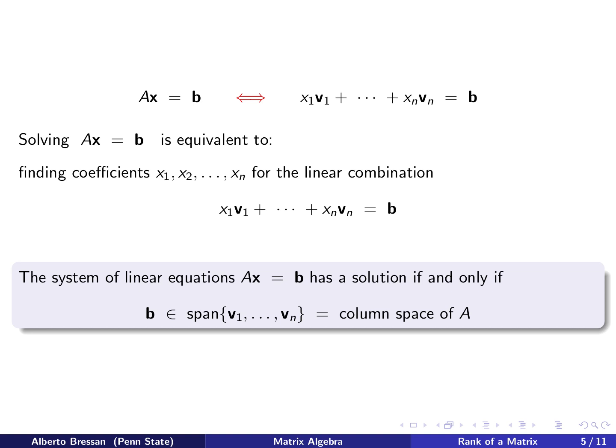There would be a solution if this b vector is in the span of the column vectors, which means that b is in the column space of A. If that is the case, then there exists at least one linear combination that will represent this b. Therefore, we can say that this equation has a solution is equivalent to saying that b is in the column space of A.